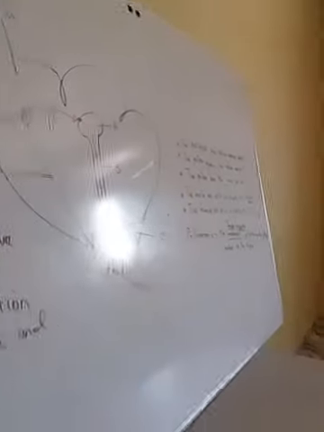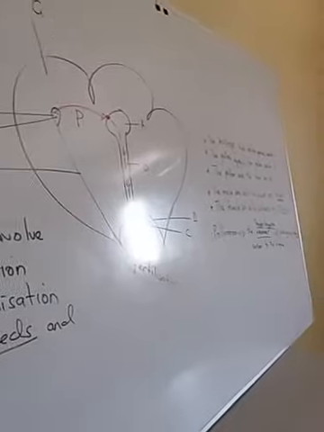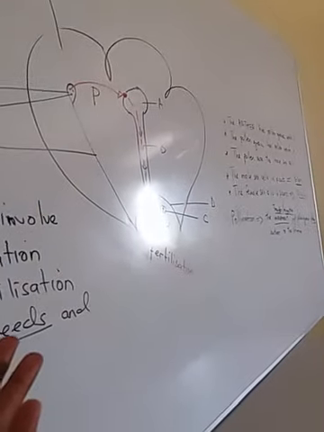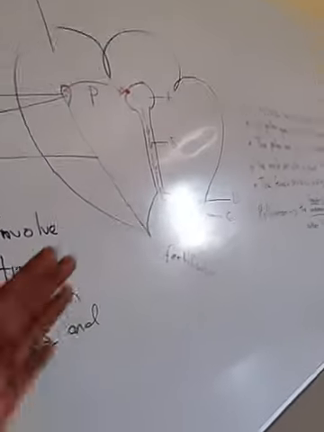Right. So after fertilization, we start to see the development of the ovule. It matures into a seed, as well as the ovary developing into what? The ovary develops into a fruit.